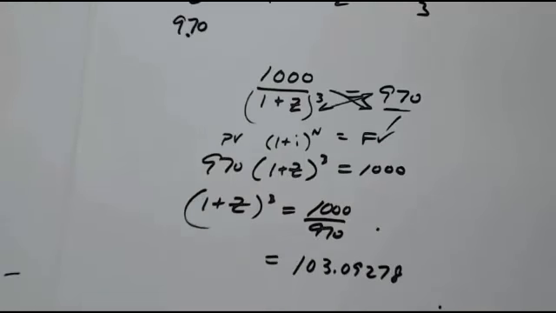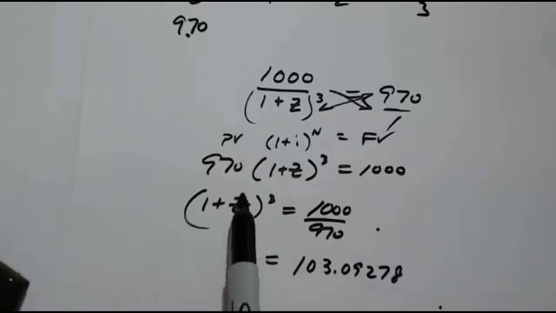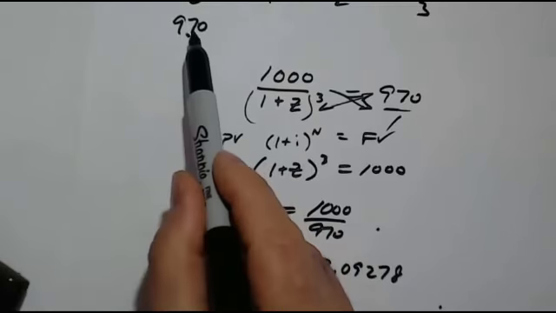Look at all those decimals, just for fun. Now, what does that mean? Well, it means that just looking at this number is telling you cumulatively you're going to earn a little over 3% on this bond over its life, because you're going to invest $970.